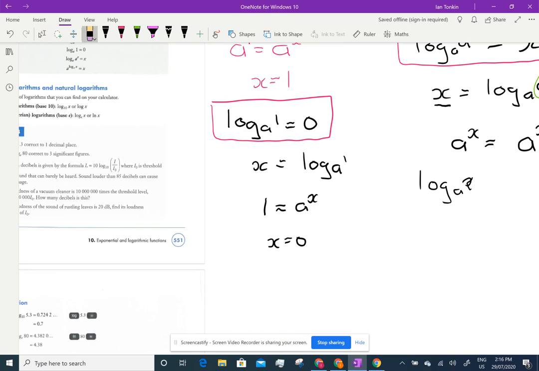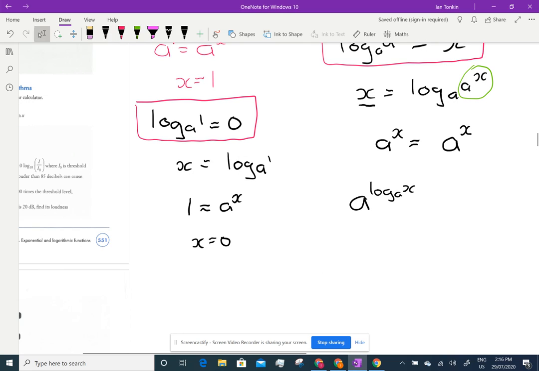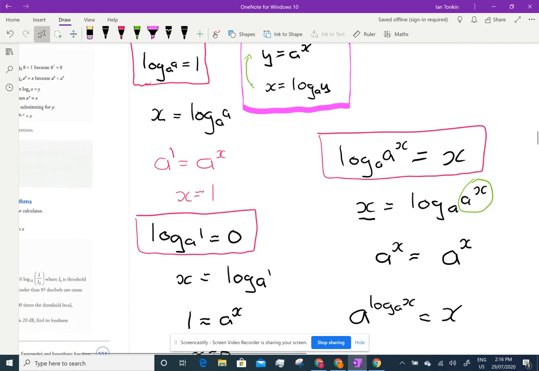Sorry. A to the log ax equals x. All right, so now I'm going to go this way this time.